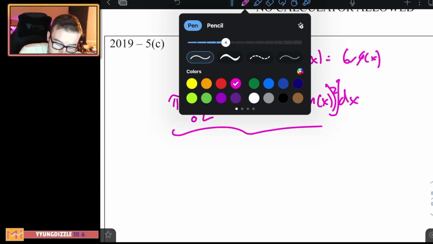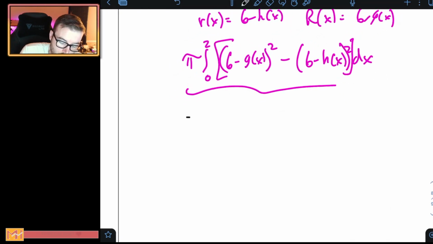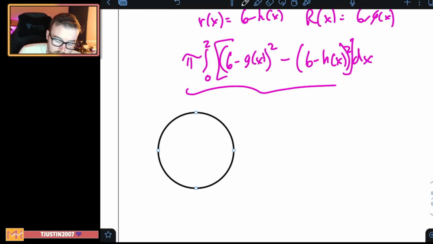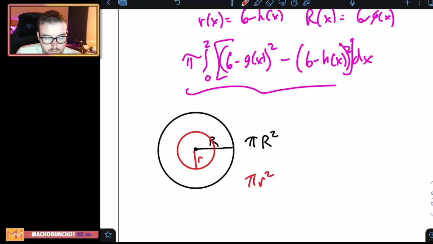Now, why does this make sense? Let me end with a comparison to geometry. If you wanted to find the area of this circle, what would you do? Pi r squared. If you wanted to find the area of this small circle, you would do pi r squared.